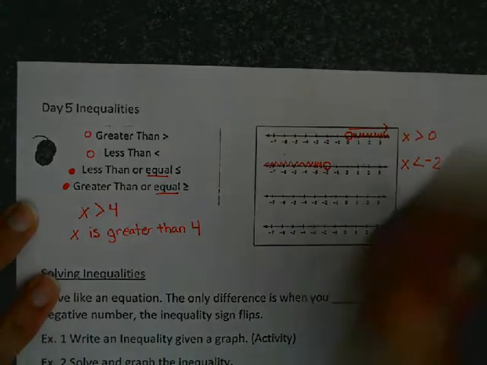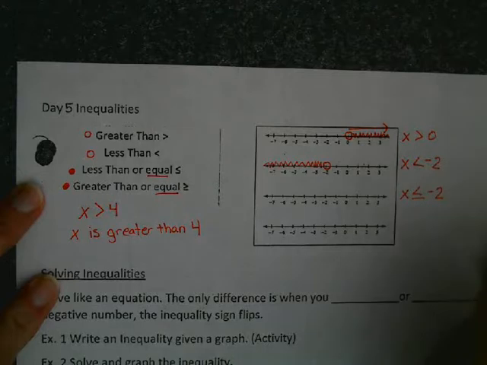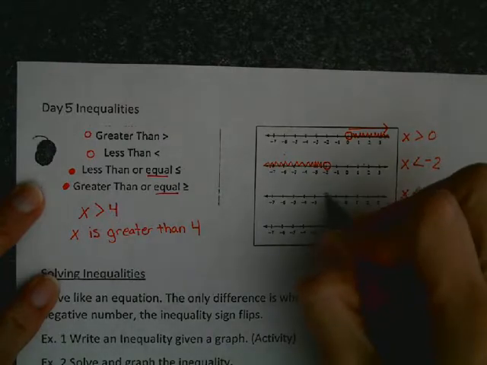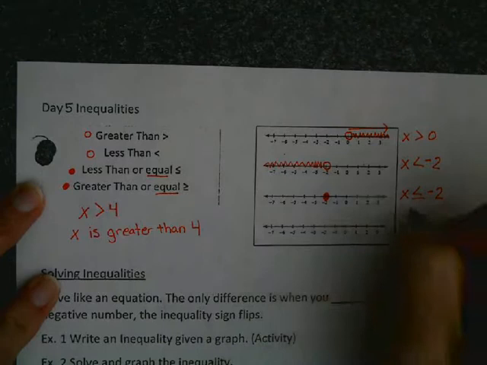Say it's less than or equal to, it has the line under it. This time the only difference between these two is this one has a line under it, which signifies equal to. Equal to means it's a solid point. If something's equal to it, it's filled in. And still less than is left.